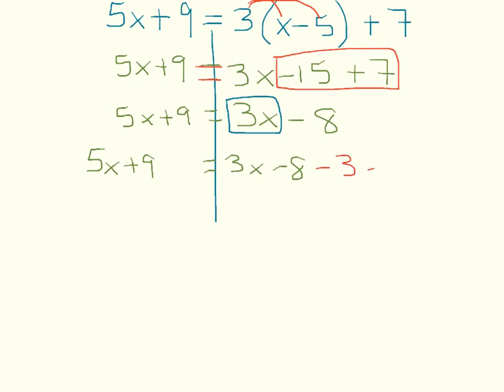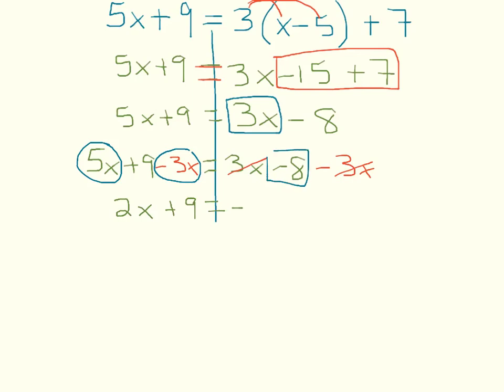Subtract 3x on the right side, and then subtract 3x on the left. On the left side, when you combine like terms, you're combining 5x minus 3x, which is 2x, plus 9 comes down, equals, on the right side, we have a negative 8 left over.